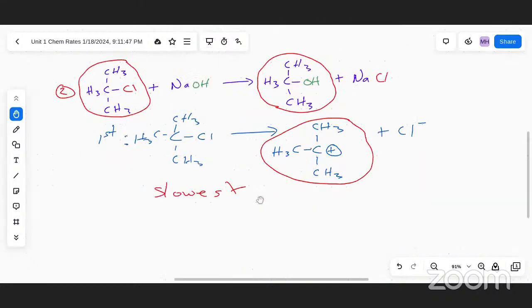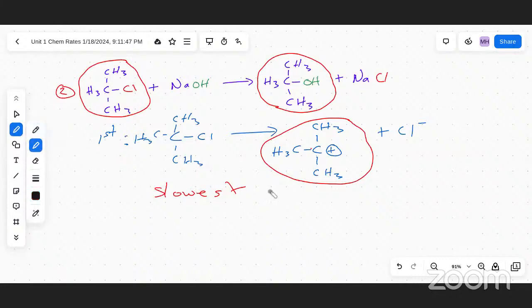Because it is the slowest step, it is the step that will determine the rate of the reaction.